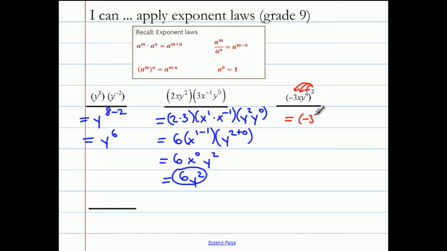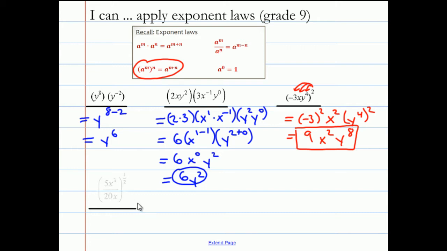So negative 3 raised to the power of 2 times x raised to the power of 2 times y to the 4th raised to the power of 2. So negative 3 squared is the same as negative 3 times negative 3, which is 9. x squared just stays the same. And y to the 4th squared is the same as y to the 8. So that's the final answer.